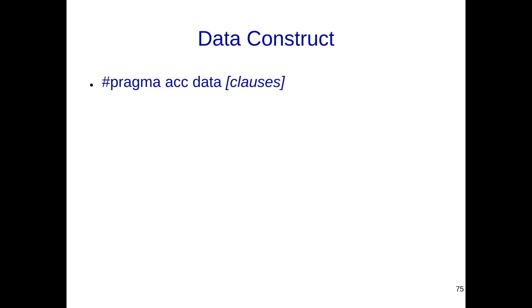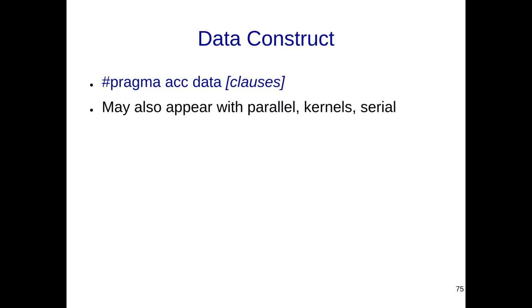The clauses are going to essentially help us specify all this information that I was just talking about. This data part can also come along with parallel as well as kernels as well as serial. So even their generated code can actually be optimized by these programmer-specified data clauses.